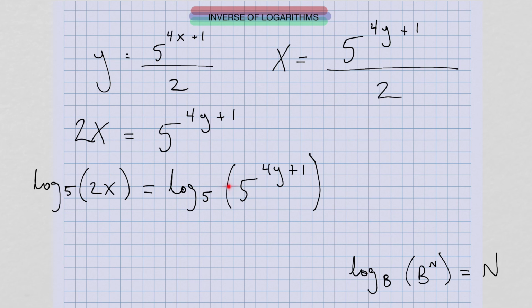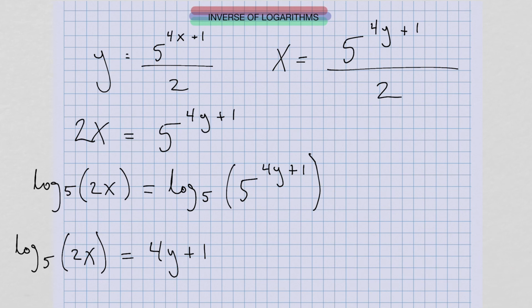So this and this are going to cancel out. So what we're left with is log base 5 of 2x equals 4y plus 1. This log 5 and this 5 cancel out because of this rule here. I would write this down. This is kind of the second key, an important note.